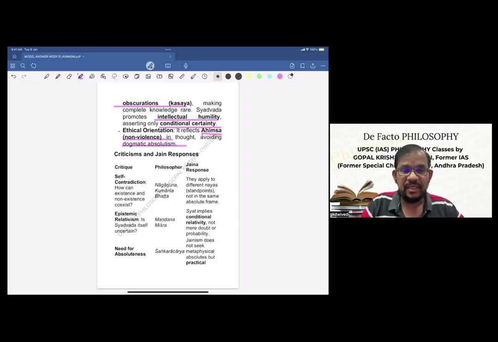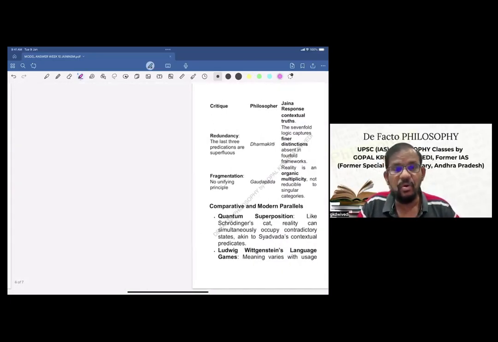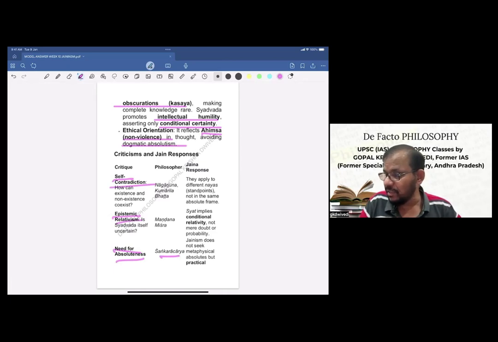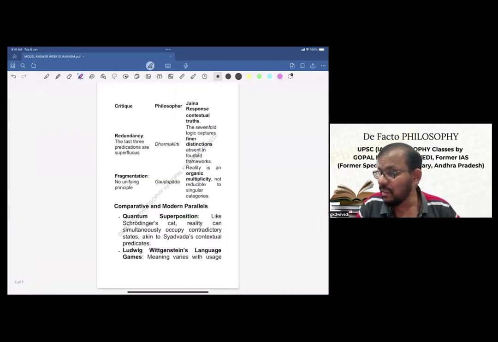Now, Shankaracharya has raised another point: the need for absoluteness. There has to be some absolute knowledge; only then is relative knowledge valuable. That is his point. Now, the Jaina reply is that Jainism does not seek metaphysical absolutes, but practical, contextual truths.